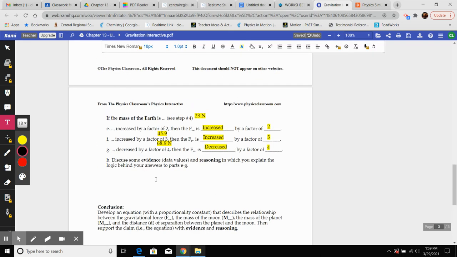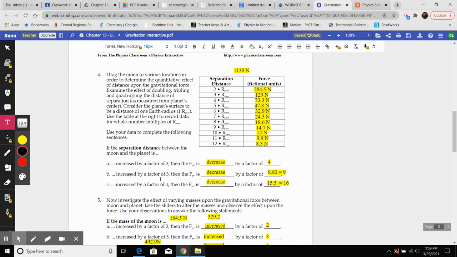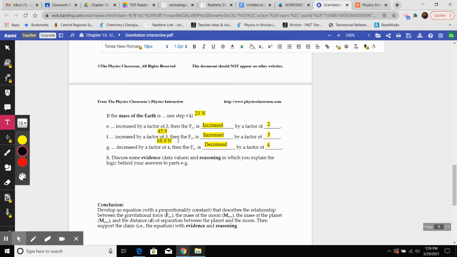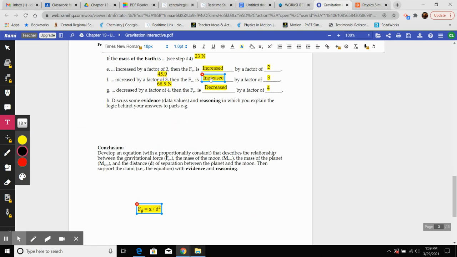Okay, so then what goes up top? What else did we do? We increased the mass of the moon, we increased the mass of the Earth, and saw what happened. Those have directly proportional relationships. Because of that, they are directly related, and so they're going to be on top of this equation.